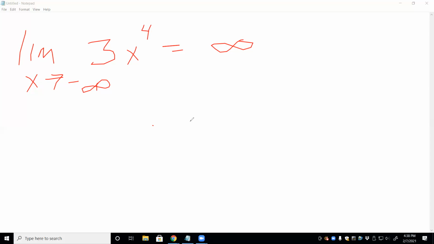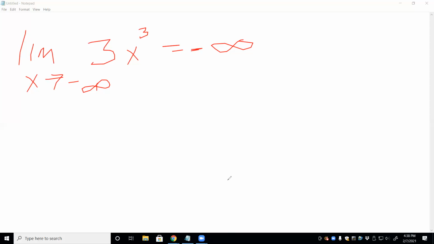That negative sign goes away. If it's to the 3rd power, it'd be negative. Minus infinity cubed is still minus infinity, times 3 is still minus infinity.